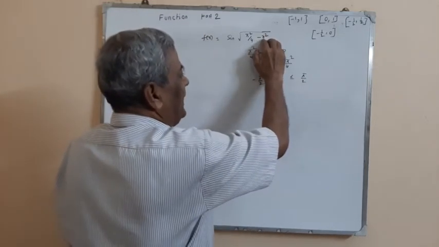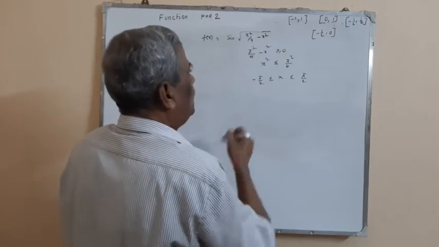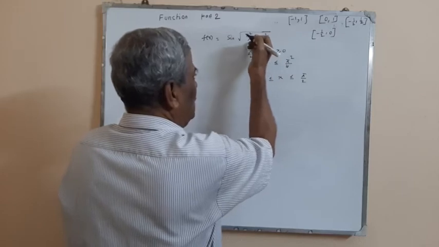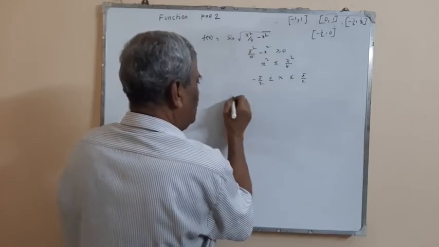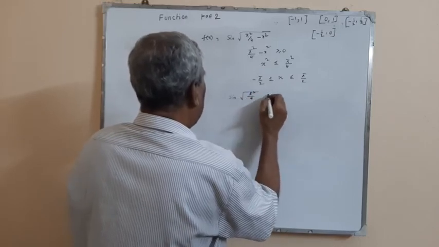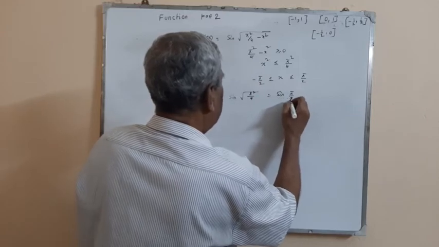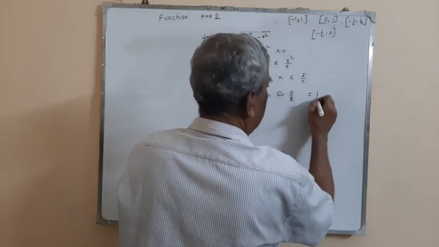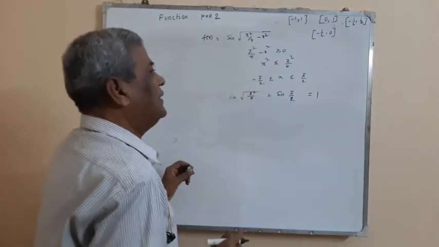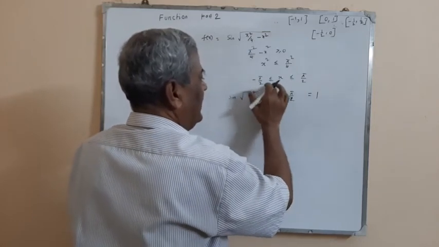Minimum value of x square is equal to 0. So if x square is 0, this thing is sine of root over of pi square by 4, that is sine of pi by 2, which is 1. So its value is 1 when x is 0, and 0 is within the domain.